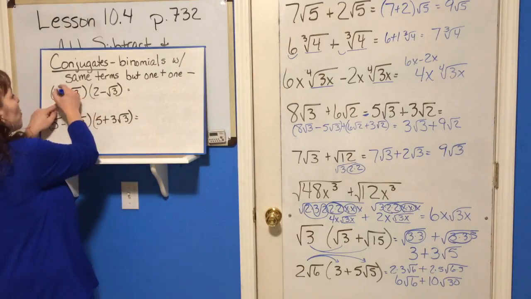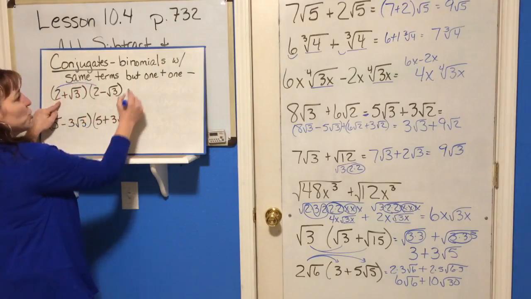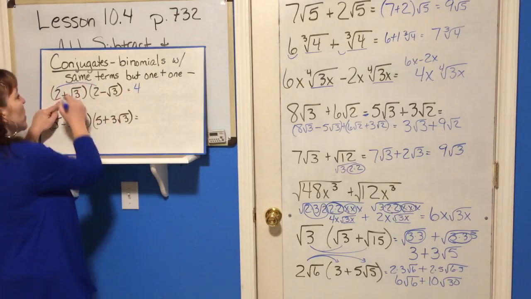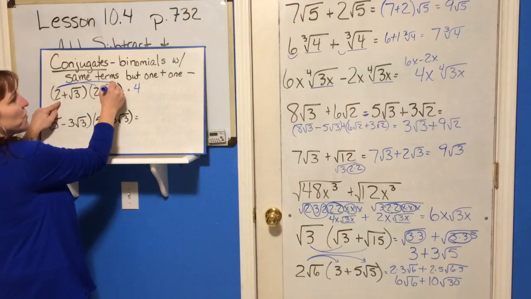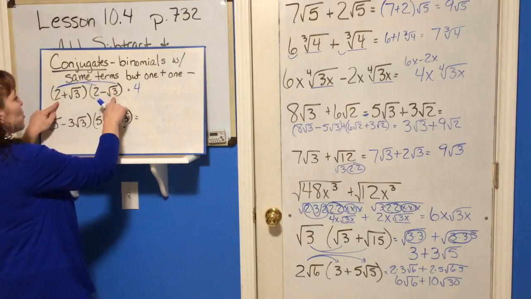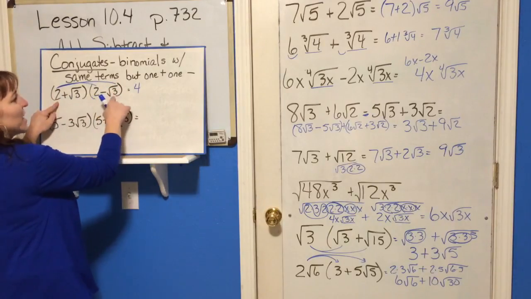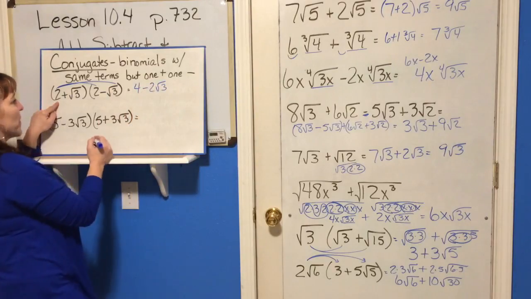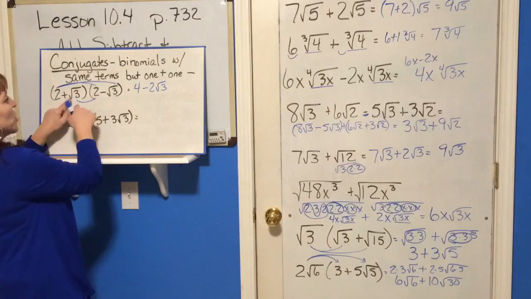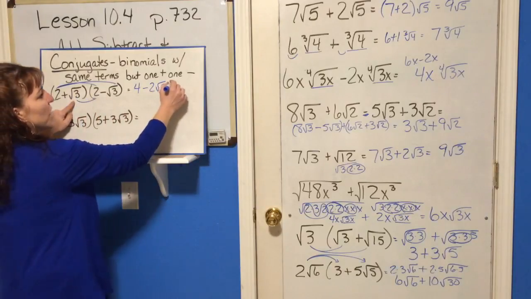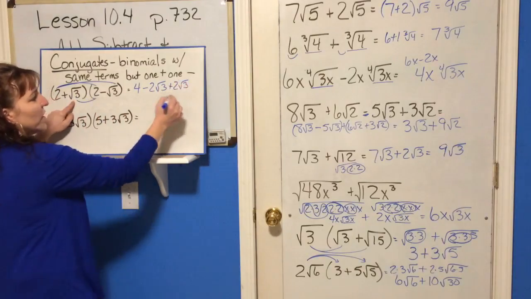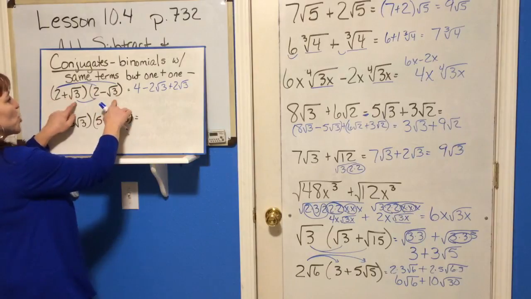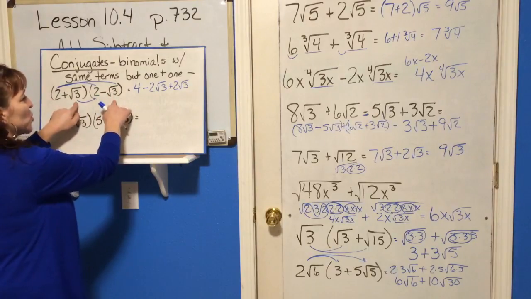All right, when you multiply your first terms, you get 2 times 2 is 4. Now multiply your outside terms, and you get 2 times the negative square root of 3, so minus 2 square root of 3. Now your inside terms, square root of 3 times 2, so plus 2 square root of 3. And your last terms are square root of 3 times a negative square root of 3.